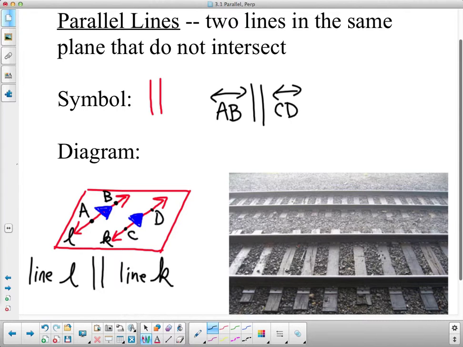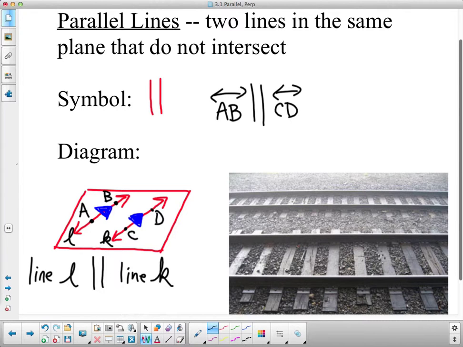So in the room, can you give me some specific examples of things that would be like lines that don't intersect? Okay, the top silver part and the bottom silver part on that, correct? They're in the same plane. Awesome. The ceiling and the door and the floor. Okay, the ceiling is like a plane. I think you're giving me two parallel planes rather than two lines.